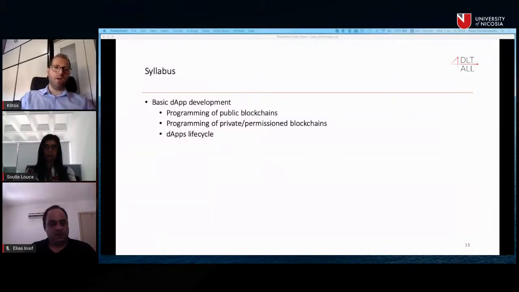This typical life cycle consists of the development phase, with the use of various open source tools. We will be focusing mostly on Solidity, but we will also be sharing examples and code snippets from the use of, let's say, chain code or Python that translates to chain code, etc., in other more private settings.